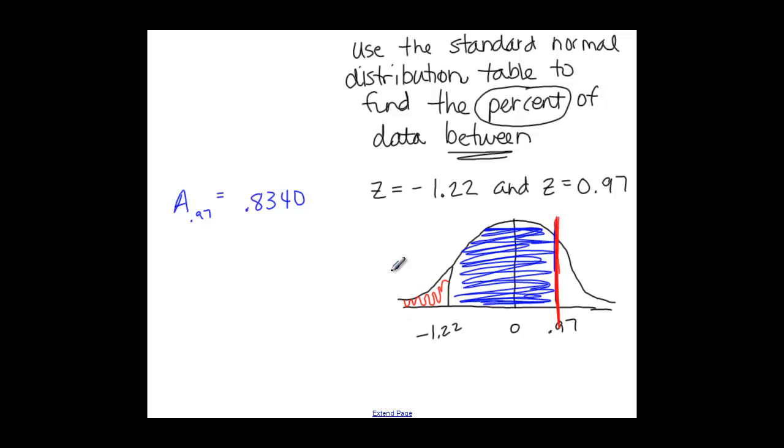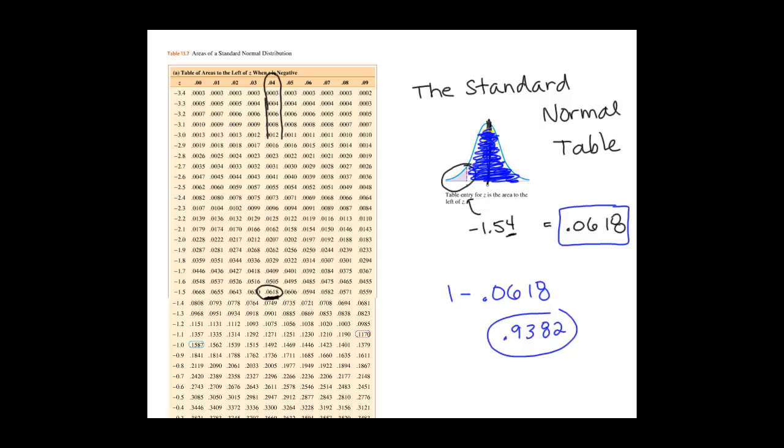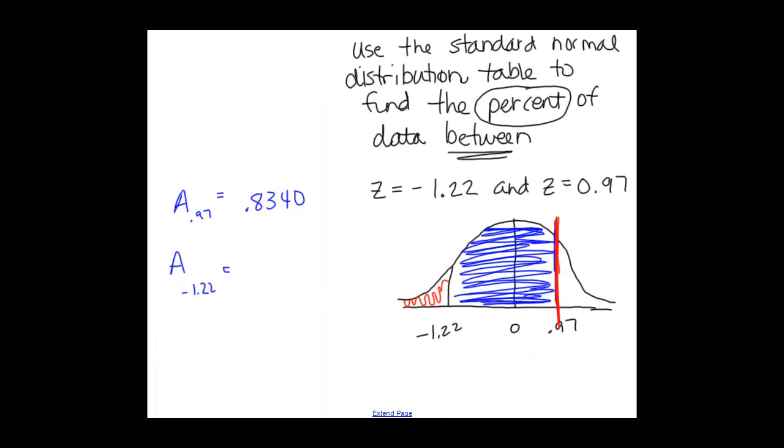So we want to take away now, we're going to subtract the area to the left of the negative 1.22. So let's go again to, now we need to go to the chart that contains the negative z-score values. So negative 1.22 would be 0.1112.